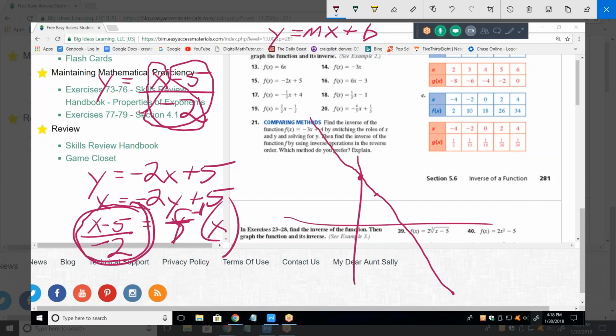So do that. Negative 1/2 x minus 5/2. It's negative 5 divided by a negative 2. Oh, plus 5/2.